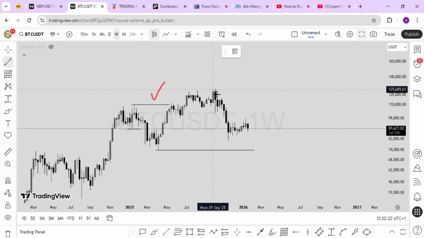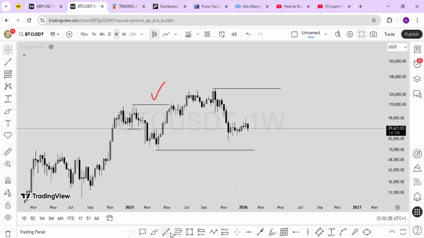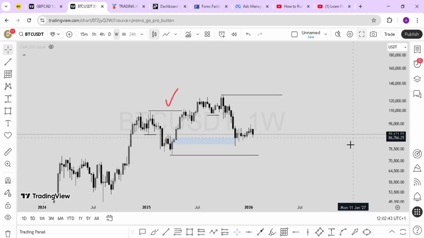So let me call it a zone. The first thing is to identify our inducement like this, then identify our order block. And you can see on the weekly time frame, Bitcoin is actually responding to our weekly order block.